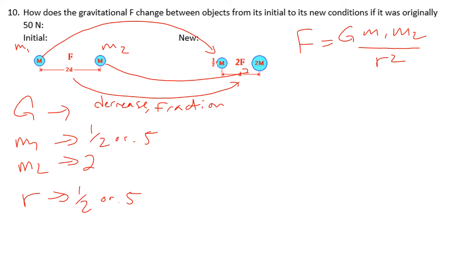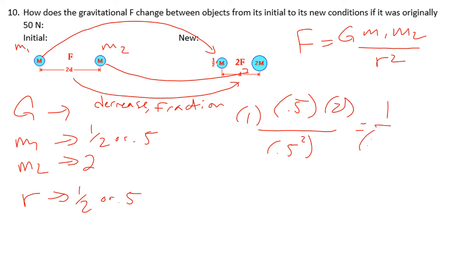So taking all that, G is 1, M1 is 0.5. Remember, I preferred the decimal over the fraction. And then M2 is 2. Put that all over 0.5 squared. Plugging that in, 0.5 times 2 is 1 over 0.25.